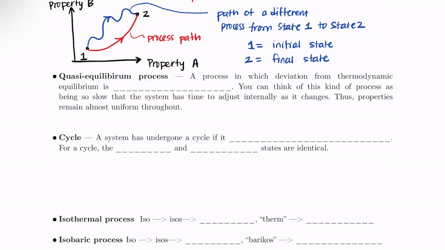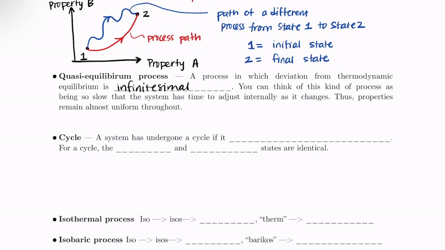We can observe what is called a quasi-equilibrium process. So this is a process in which the deviation from thermodynamic equilibrium is infinitesimal. So it's infinitely small. This is one of the words I cannot spell while speaking.